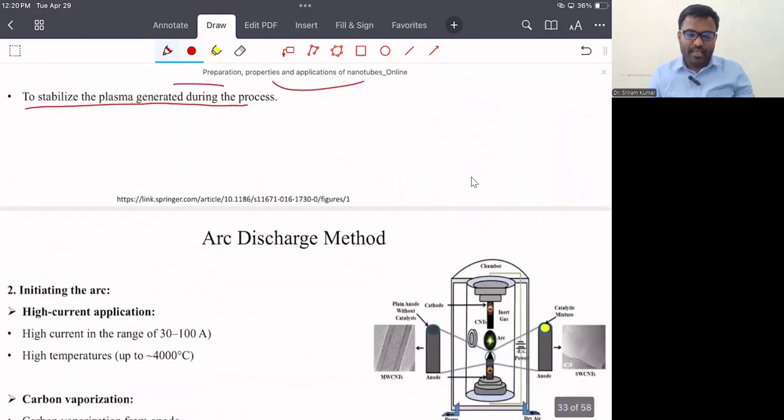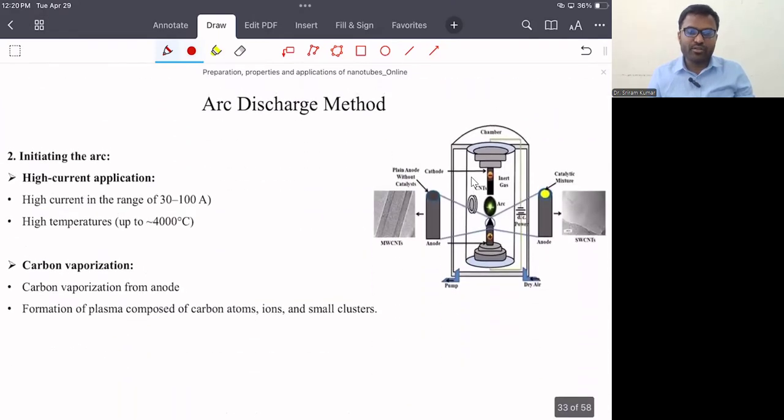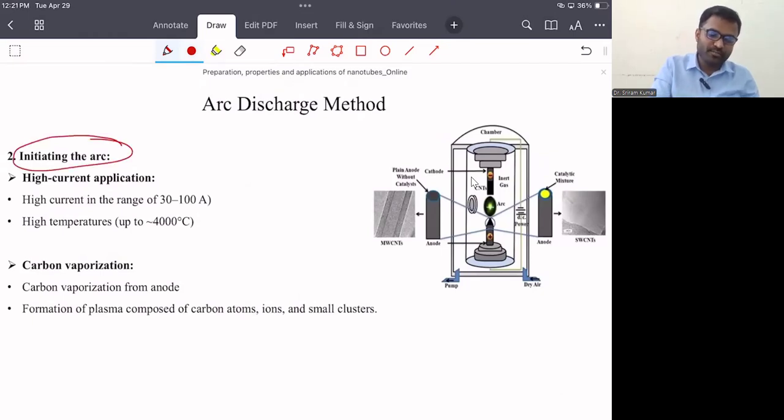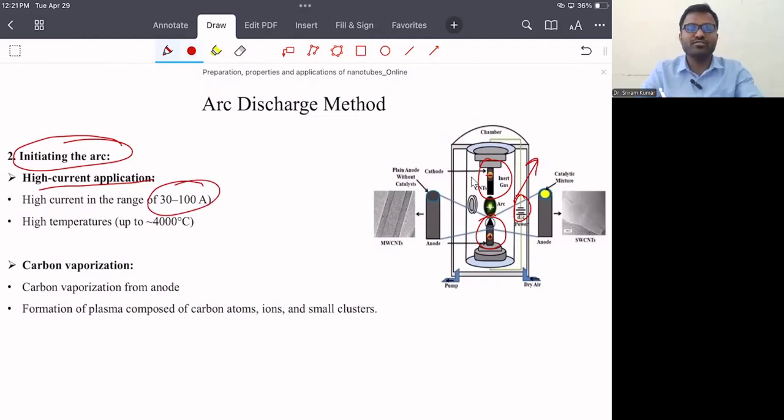Now the second important step is how we generate plasma inside the discharge chamber. Here we should use a very high current between the anode and the cathode. For example, here this is the anode with the positive charge, and this is the cathode with the negative charge, and we apply a very high current in the range of 30 to 100 ampere.